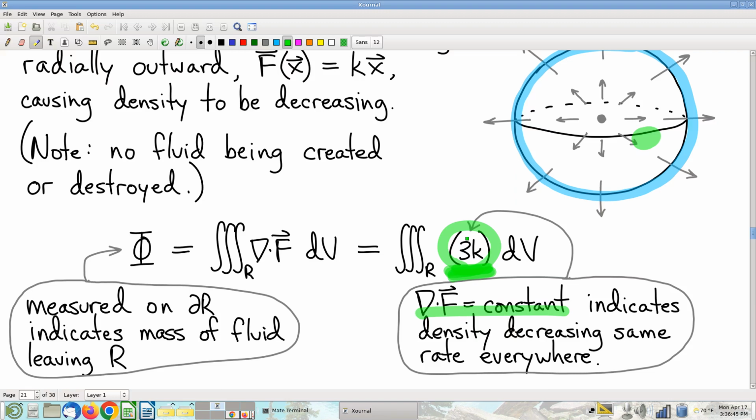And as gas starts to leave, that density uniformly decreases. It was uniformly at this level, and as the gas leaves, the density decreases. And the fact that this is a constant is what's telling you that you're getting a constant rate of decrease of density everywhere throughout the balloon.